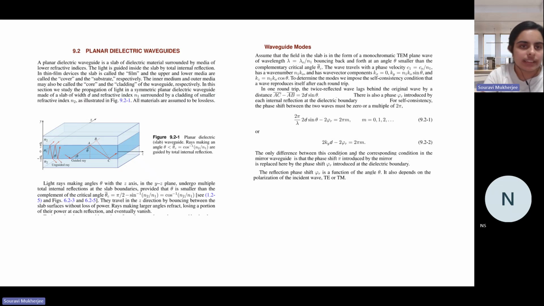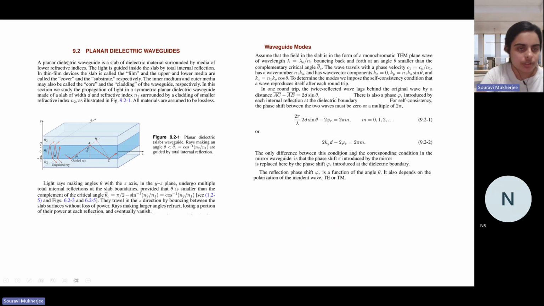Now, if you come to a planar dielectric waveguide, what you have is some layer with some dielectric constant, and you have a layer above and a layer below. Okay, and they will have different dielectric constants. The lower and the top layer can have different dielectric constants, or can also have the same dielectric constants.